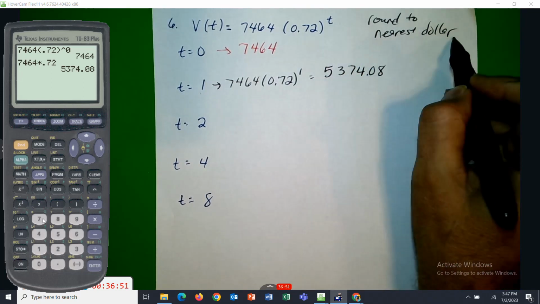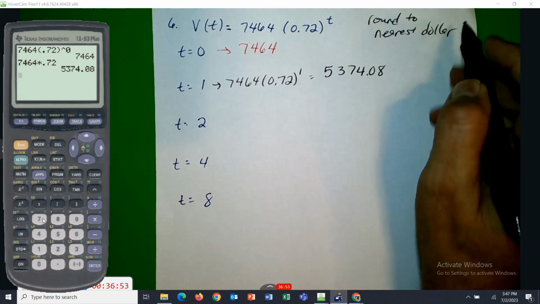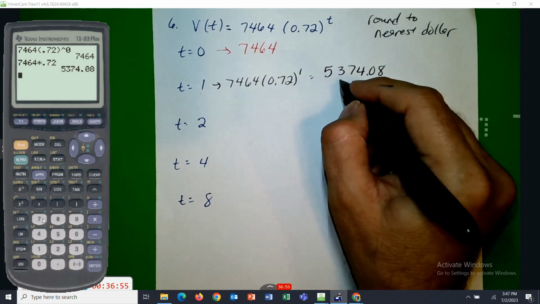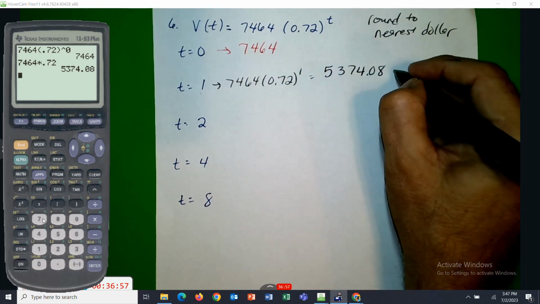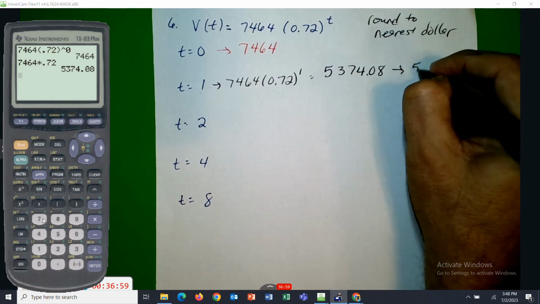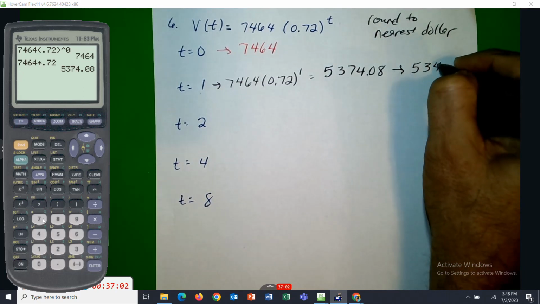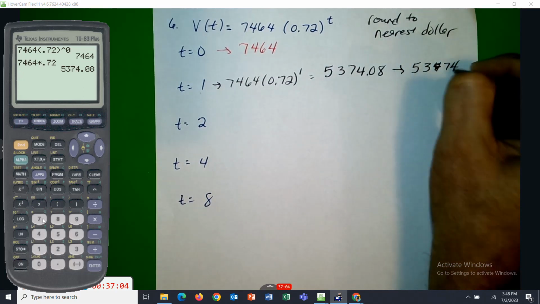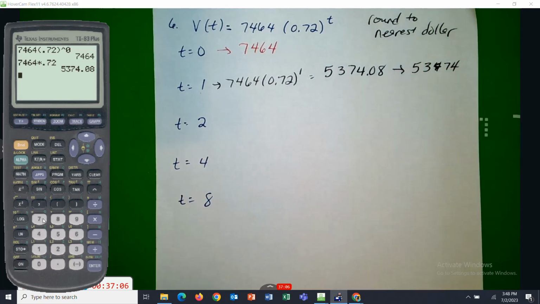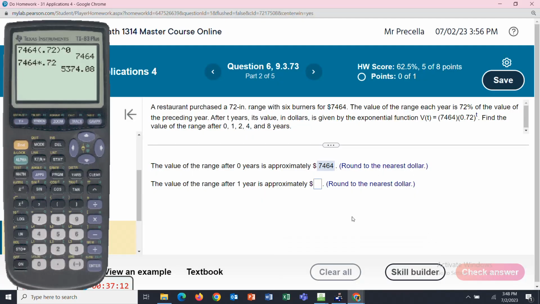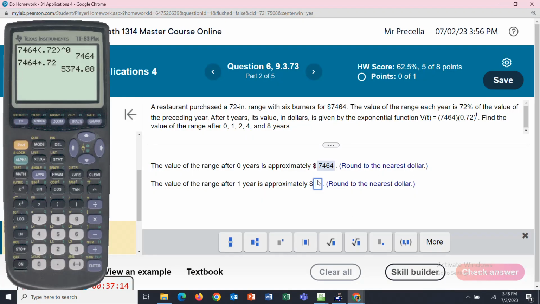We're rounding to the nearest dollar, so would that stay 74, or do I make it 75? It's going to stay 74. So the value of the range after 1 year is approximately $5,374.